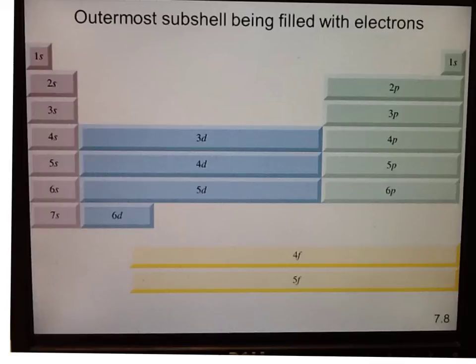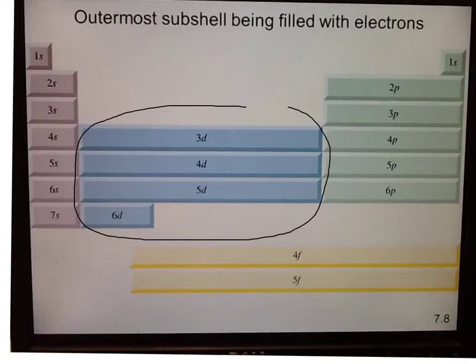Now, when we get to here, we have the d block. These guys are filling the d's. The d's that they're filling are not of the same principal energy level as the period, but the n minus 1 principal energy level.